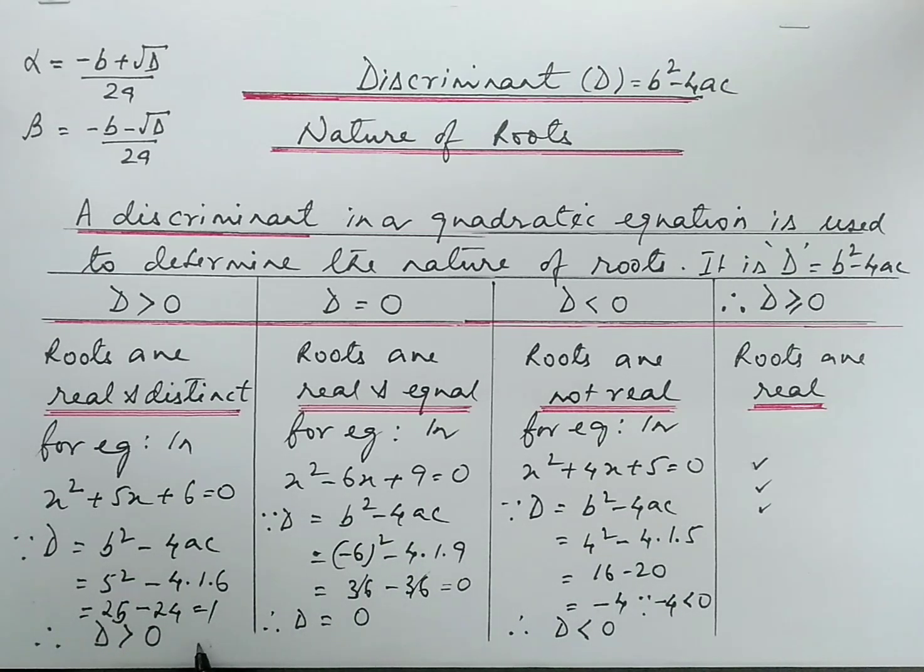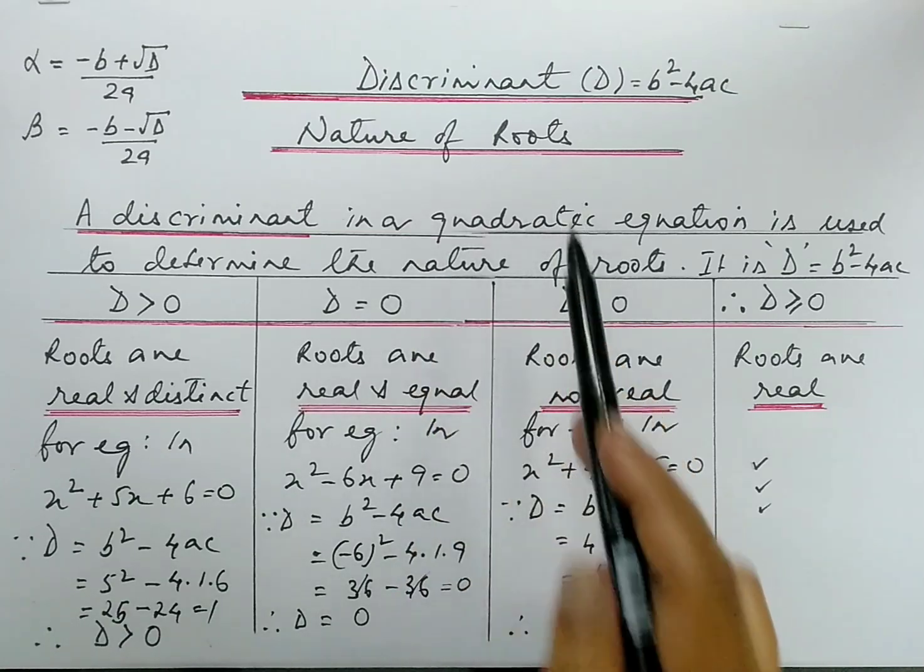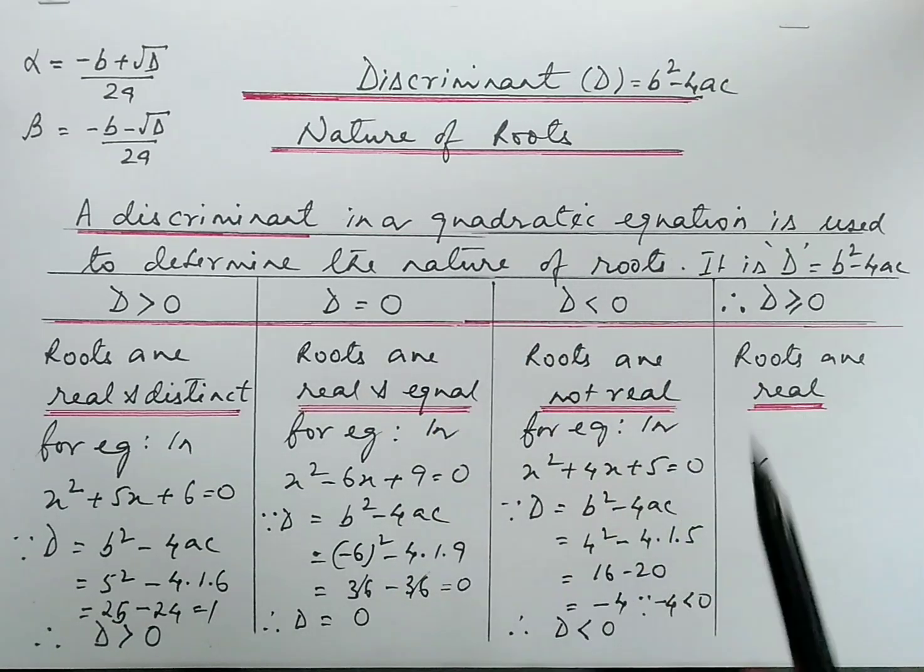So if you do that, then only you come to a certain point where D is calculated and you see whether it is greater than 0, equal to 0, or less than 0. So only these three kinds of discriminant you will find, which is going to discriminate different kinds of roots, or the nature of roots.